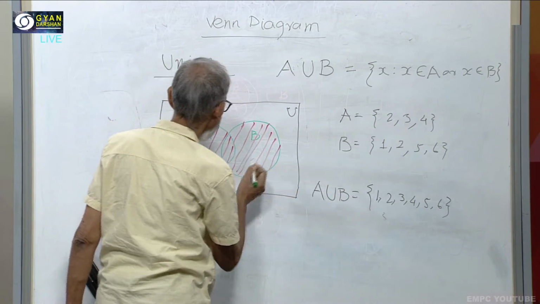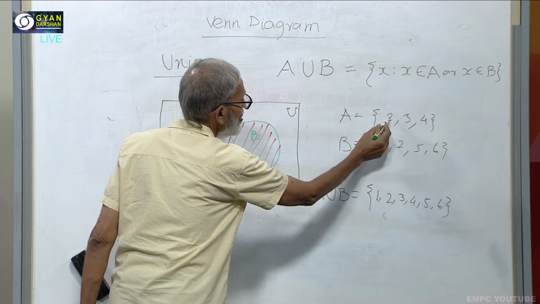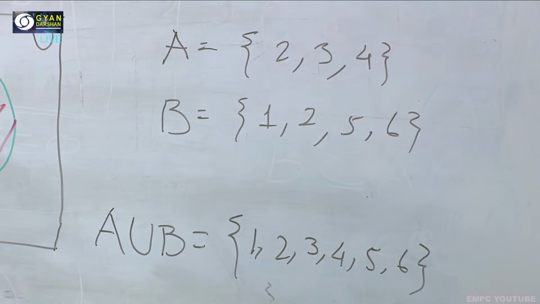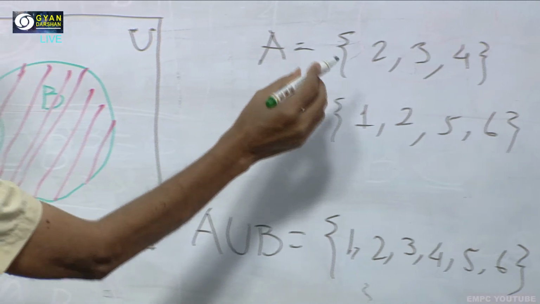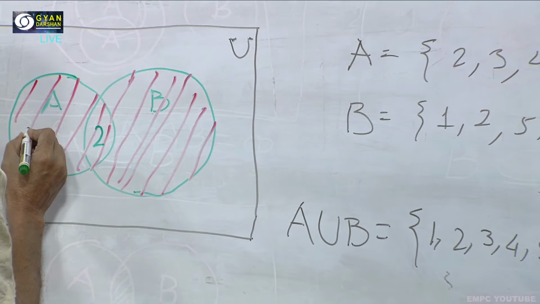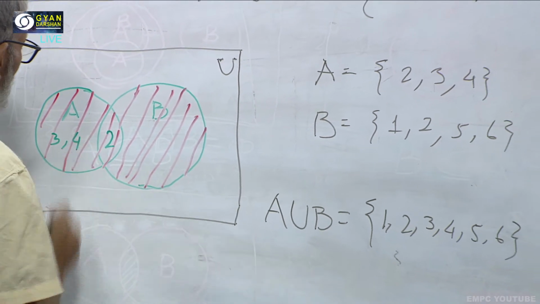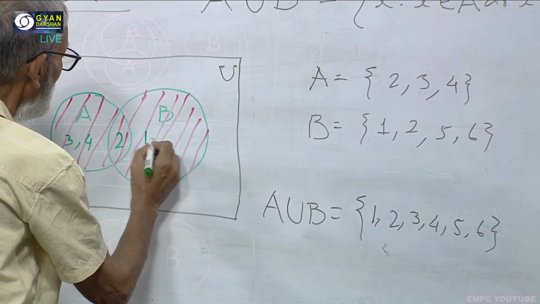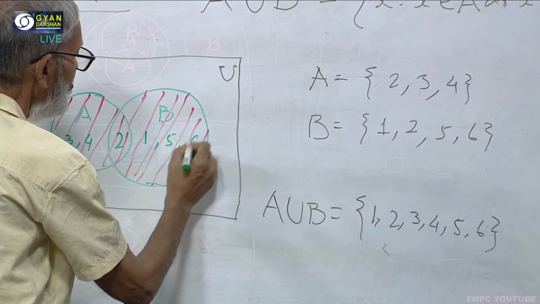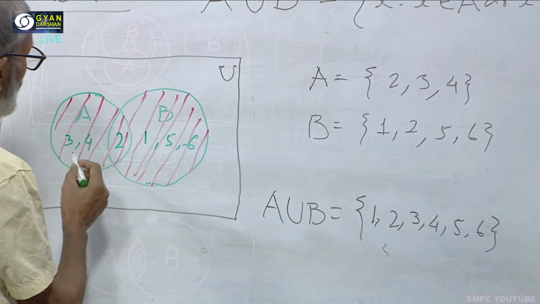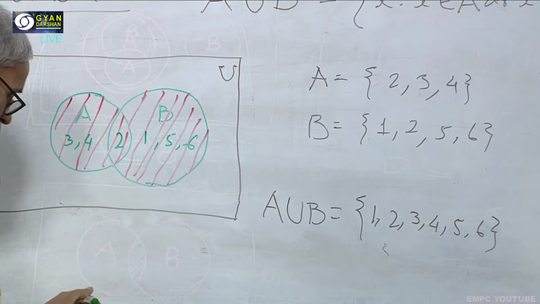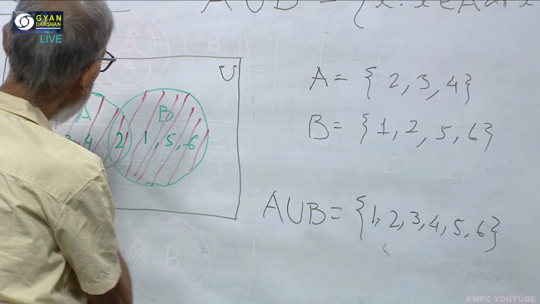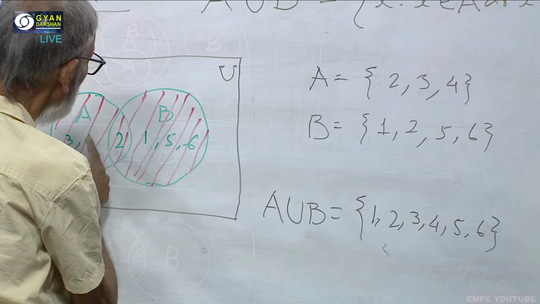Here A is 2, 3, 4. 2 is common, it is in A also in B. So, 2 is the common element here, and then 3, 4 are here and 2 is there, 1, 5, 6. So, if we do union, you can see that A union B is this complete set 1, 2, 3, 4, 5, 6.